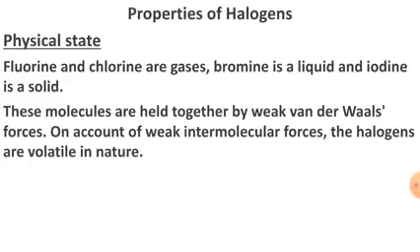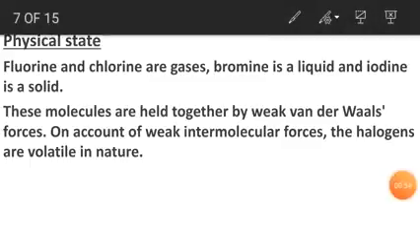On account of weak intermolecular forces, the halogens are volatile in nature, and the state changes from gas to solid due to the increase in intermolecular force of attraction down the group. Volatile nature means they have a tendency to come in the form of vapor.